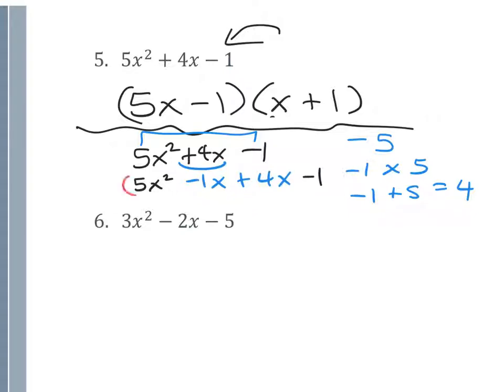So now red group. Green group. Now, when I go to do this, my GCF of red is going to be x, and I'm left with 5x minus 1. GCF of the green group, I put the wrong factor here.